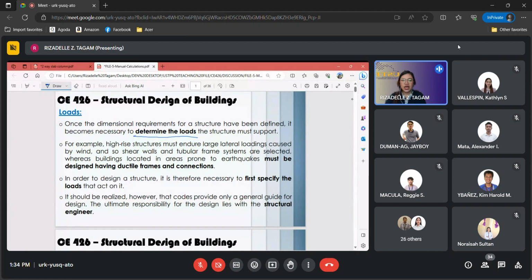Example aning high-rise structures. No, example sa isa ka lugar, ang imong building ra nga itukod ang pinakataas. Mahimo nga siya ang first nga pinakataas nga structure. So kana nga structure sa taas nga area nga part, kusog na siya hapak sa hangin kay wala may nakapalibot nga other structure to nga magsalo sa hangin or bungkago ng hangin nga mohapak sa structure.